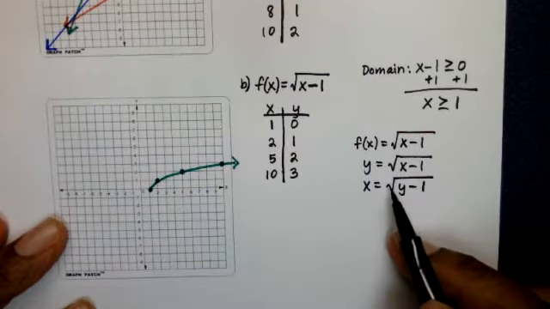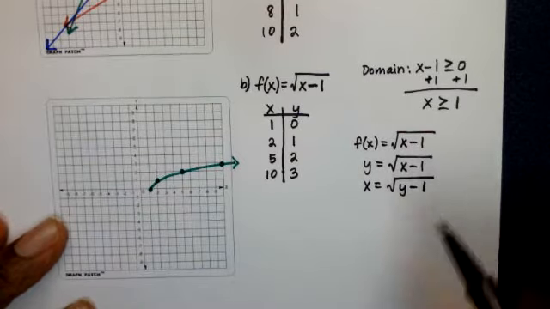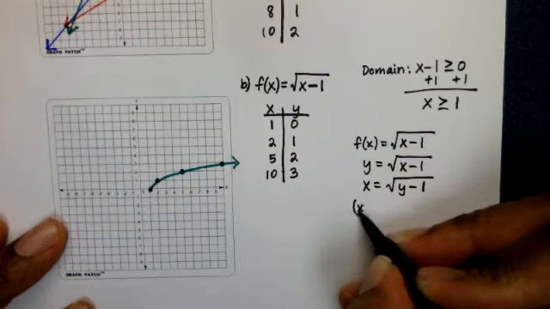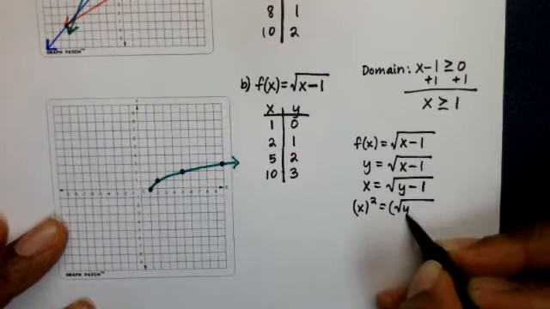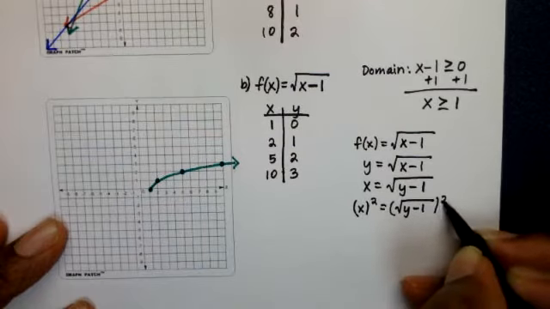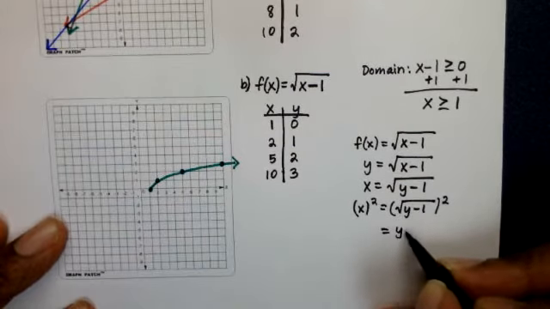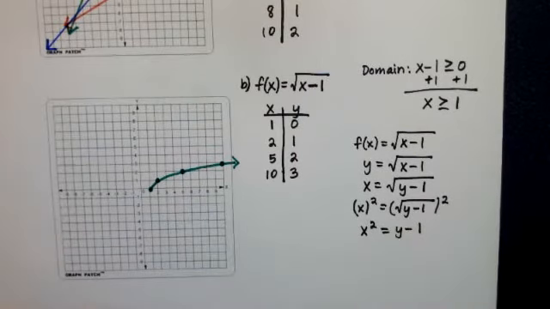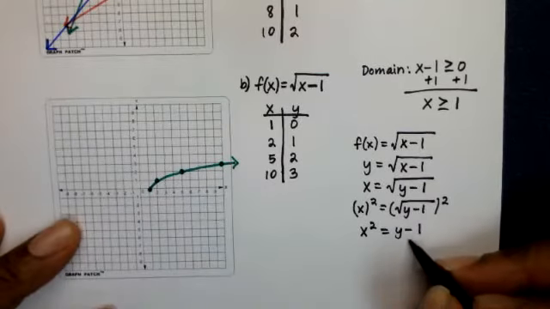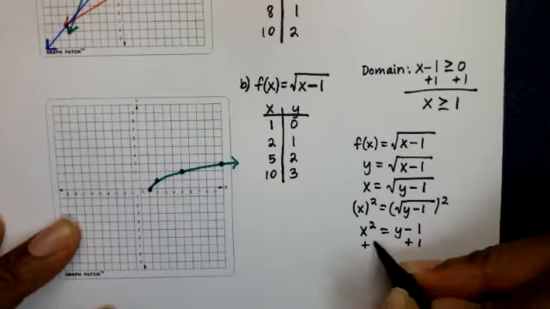Well, that y is underneath that square root, so the opposite of taking the square root would be to square both sides. That wipes out the radical. So that means I'll be left with y minus 1 on this side equaling x squared. And then to solve for y, we add 1 to both sides.